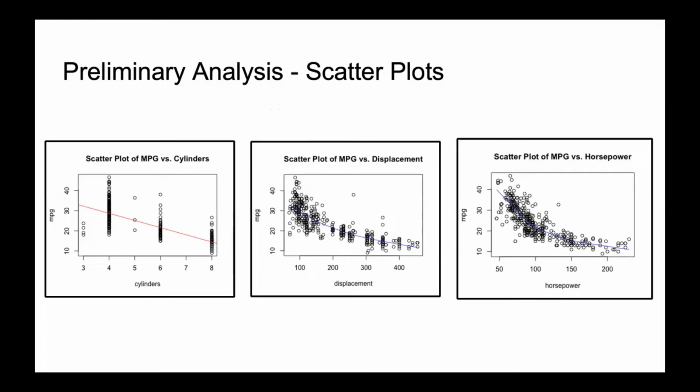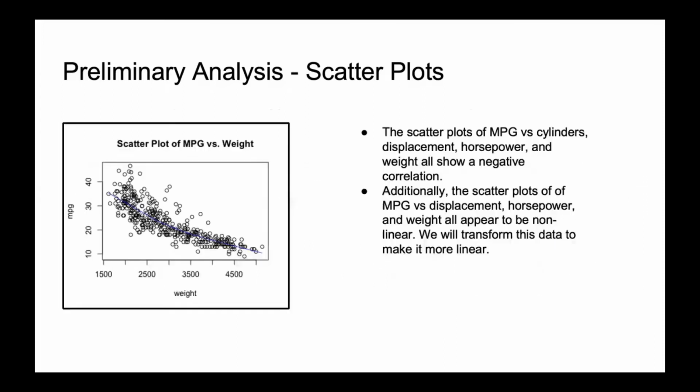And in the first one, we can see that there's also a downward trend between cylinders and miles per gallon. Next we have the scatter plot of miles per gallon and weight. We can see here that it's also a negative relationship and nonlinear. So that means that the scatter plots of miles per gallon versus displacement, horsepower, and weight all appear to be nonlinear. So we'll need to be transforming that later on.